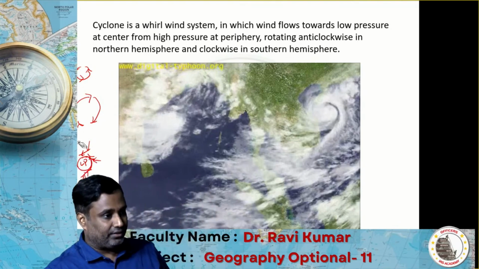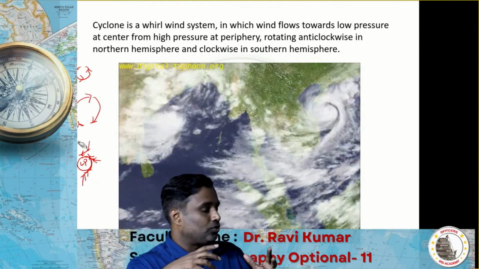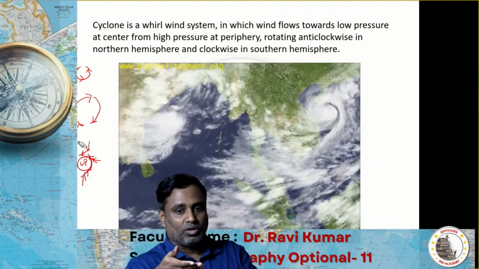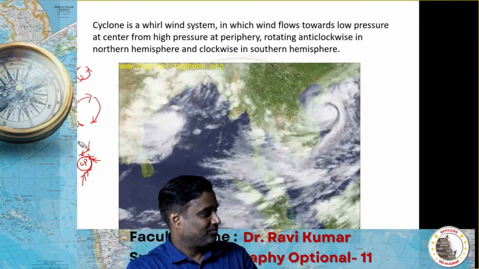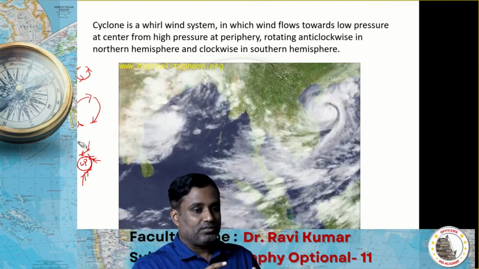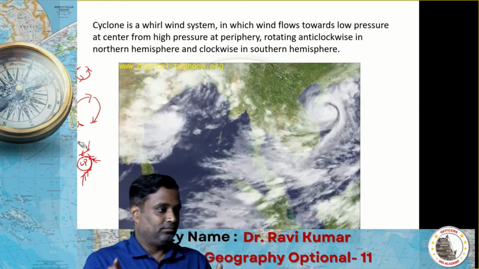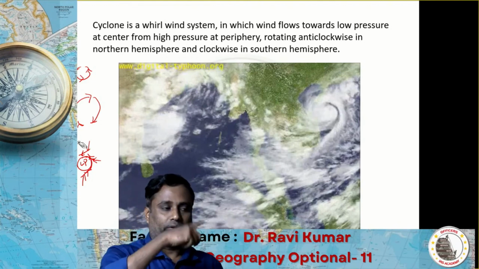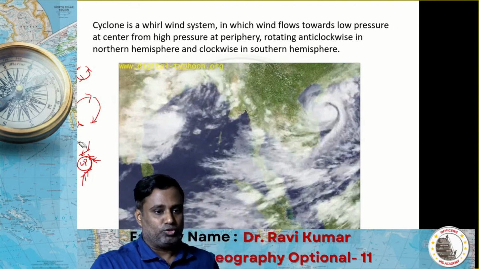So Coriolis effect along with the centripetal force of the low pressure induces anti-clockwise circulation of cyclone in the northern hemisphere, clockwise in the southern hemisphere. Got it? So why do cyclones rotate anti-clockwise, clockwise? This is the explanation. There are two factors: primarily Coriolis effect, number two centripetal force of the low pressure. Both combine to create anti-clockwise circulation of cyclone in the northern hemisphere, clockwise in the southern hemisphere.